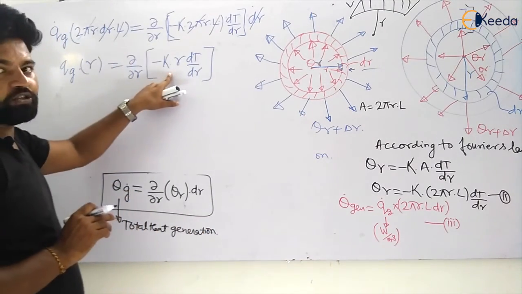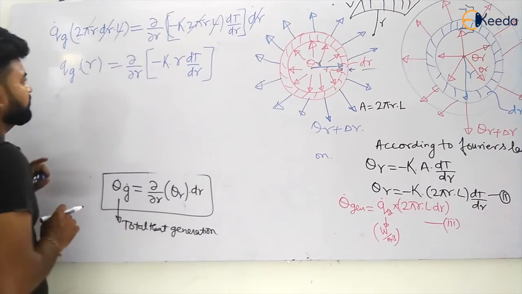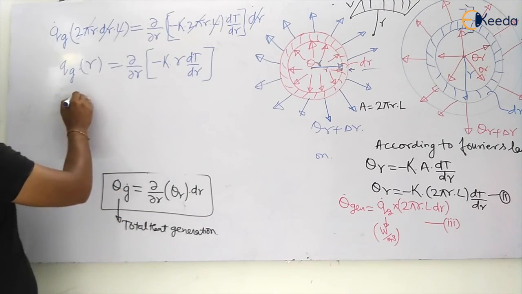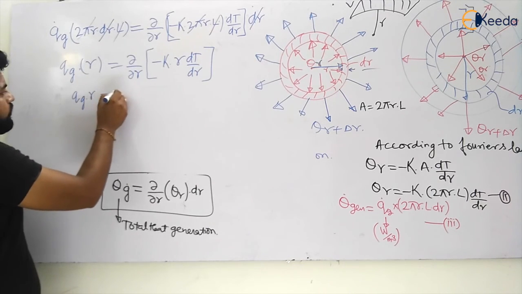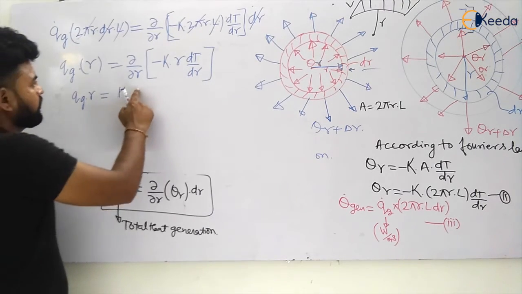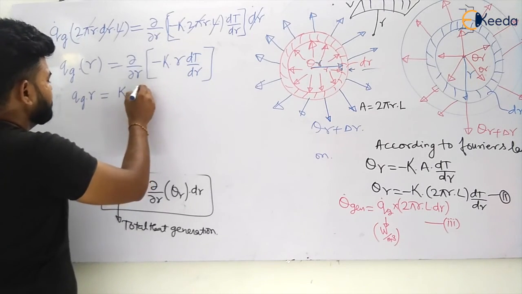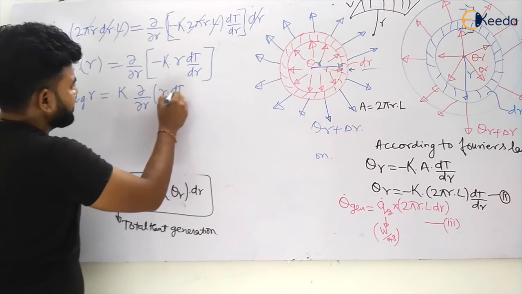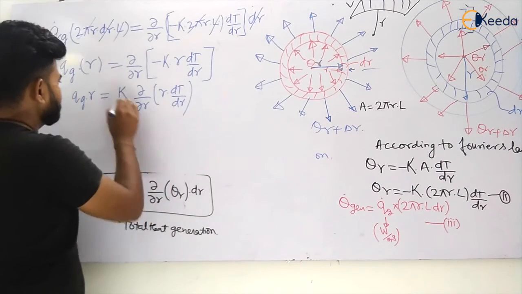Conductivity is constant, so I can take that outside of this derivative. If I take this term to this side, this will become Qg into R is equal to del by del R, so I will take K out. So what will be this term? This will be del by del R of R into dt by dr, and negative sign is there.